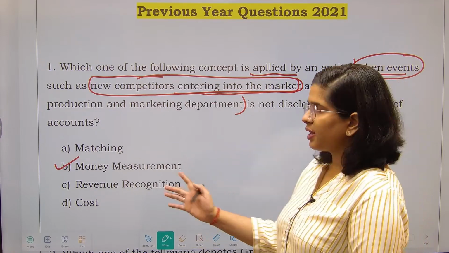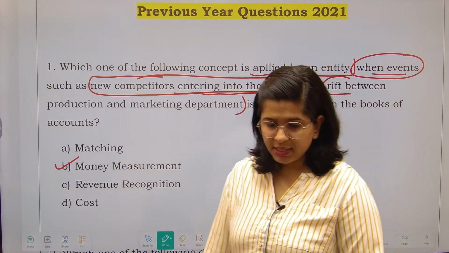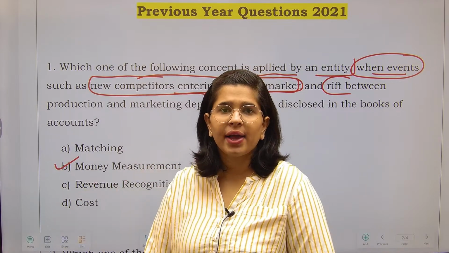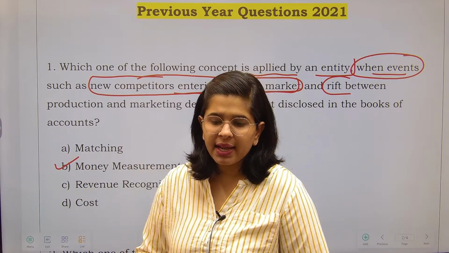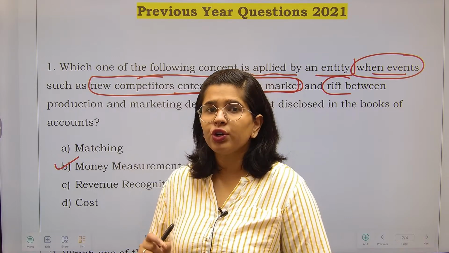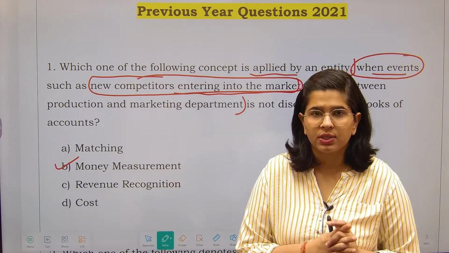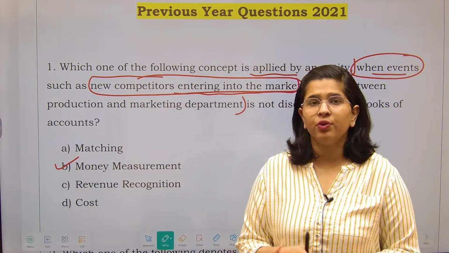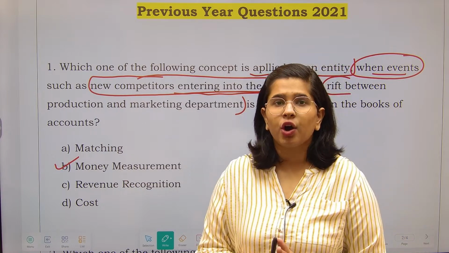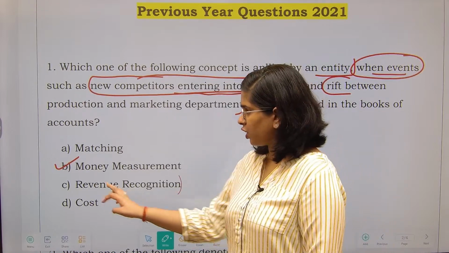We can understand what revenue recognition is. Suppose you have done any sales, then at what point of time should you take this particular sale into your books of accounts? This is called revenue recognition. The timing of recognizing your revenue is what revenue recognition concept deals with.